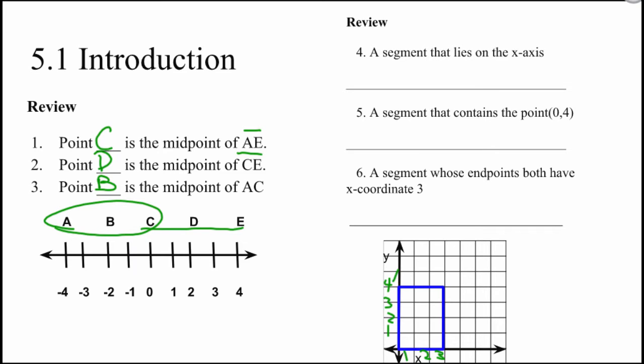So we have A right here, B, C, and D. So which segment lies on the x-axis? Addie? Line segment DC.